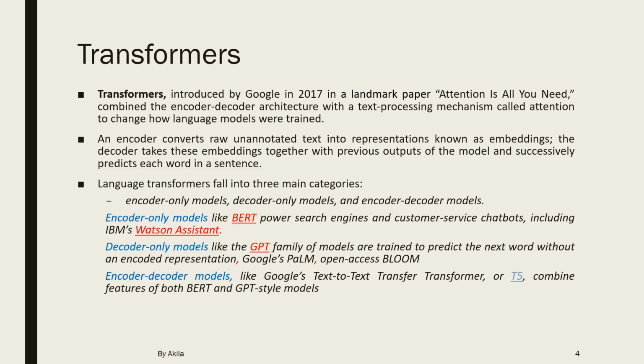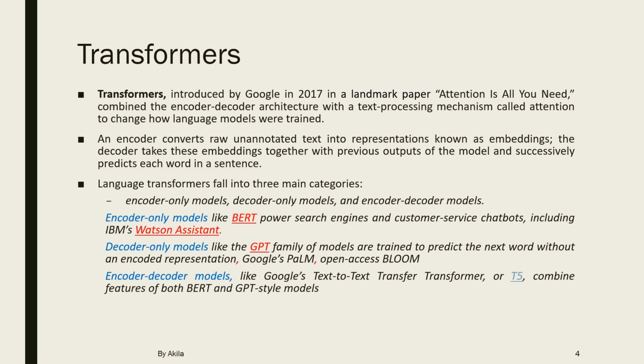That was introduced by Google in 2017 in the landmark paper Attention Is All You Need. From that, the encoding and decoding technique was adopted in the text processing mechanism, which is called attention. That changed how the language model can be trained.